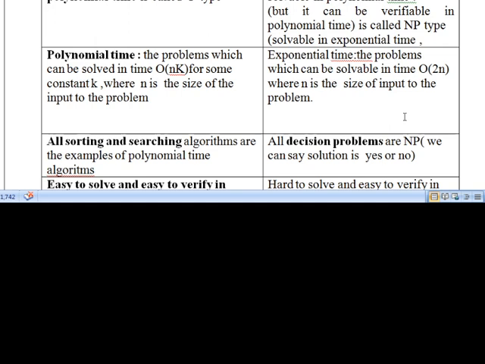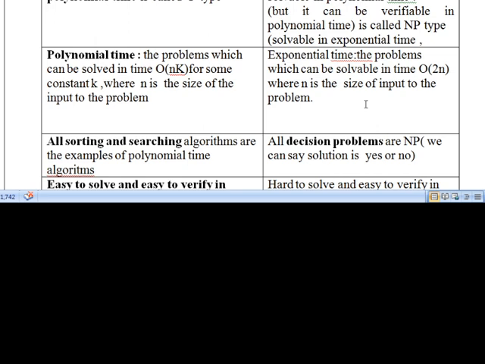For the last 40 years, a number of scientists have been continuously working in that area to solve the NP type problems in polynomial time. Till now we didn't get any solution for the NP type problems. That means we didn't get any algorithm to solve NP type problems in polynomial time.